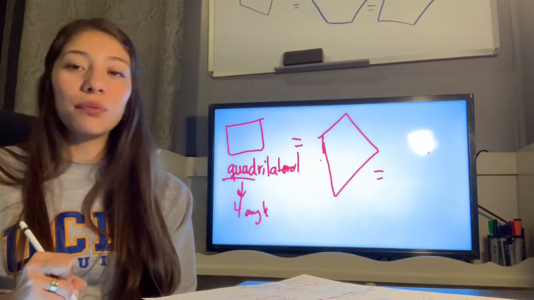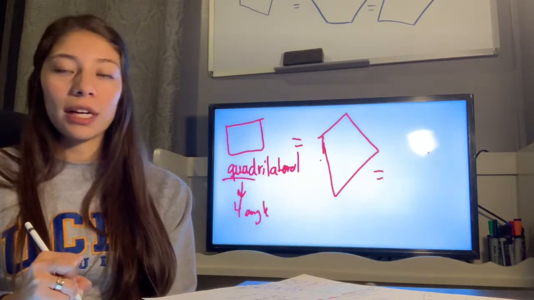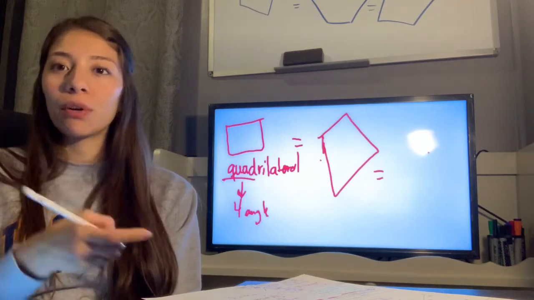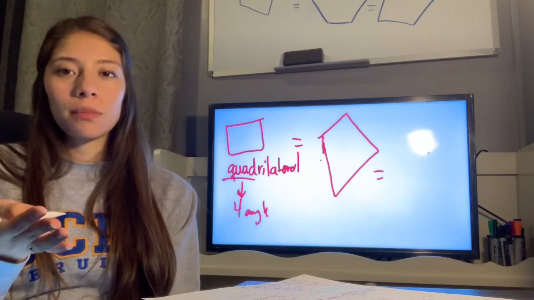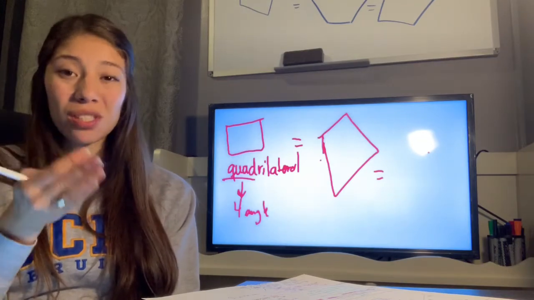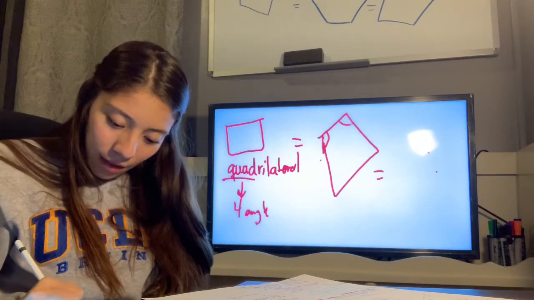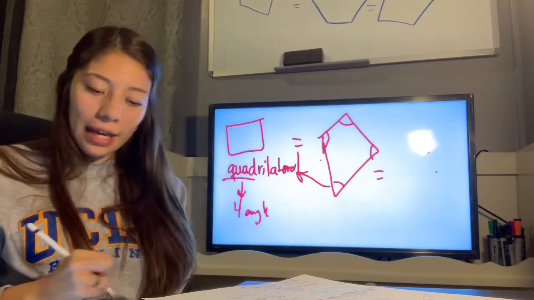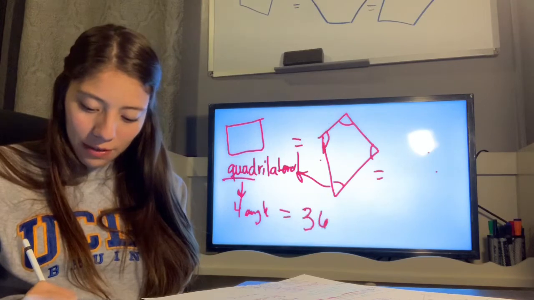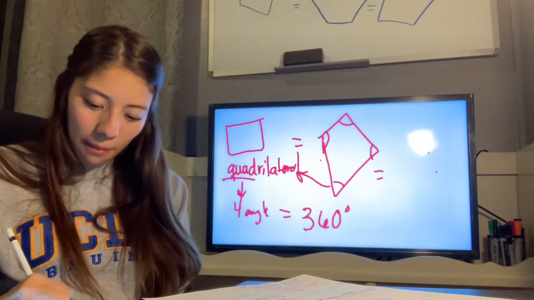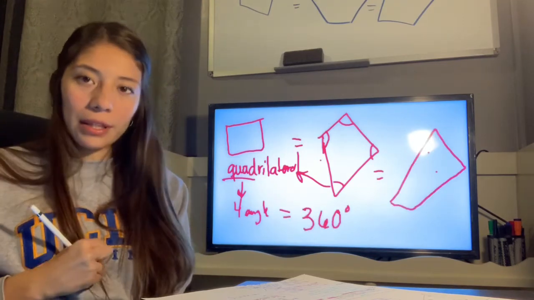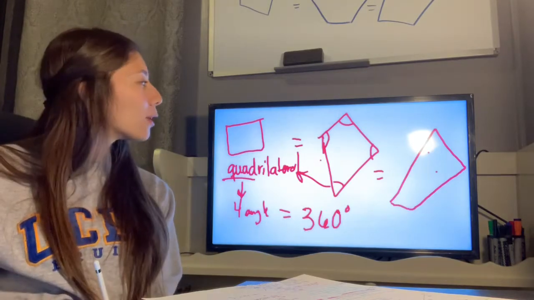It does not have to be an exact square or a rectangle. Again, remember, the world is not perfect at all. So some of these shapes aren't going to be perfect, but just know that if it has 4 different angles, that means it's a quadrilateral, and the total angle measurement of it is 360. It does not matter how it looks. Okay, hopefully that helps a little bit.